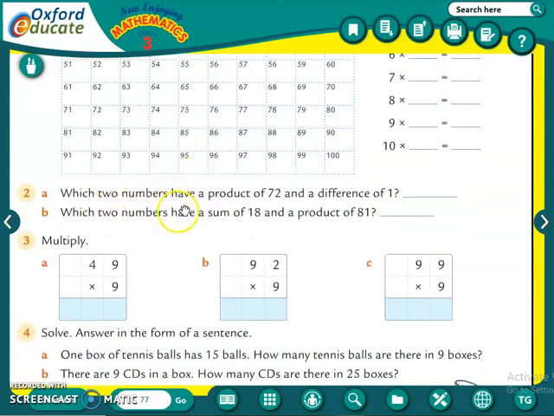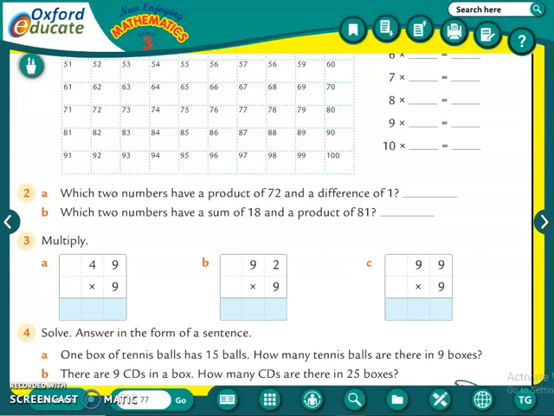Now, which two numbers have a product of 72 and a difference of 1? कौन से दो नंबर्स है जिसका आंसर 72 आता है और उसका डिफरेंस आता है 1. डिफरेंस मीन्स कौन से दो नंबर माइनस करने से हमें आंसर 1 मिलता है.